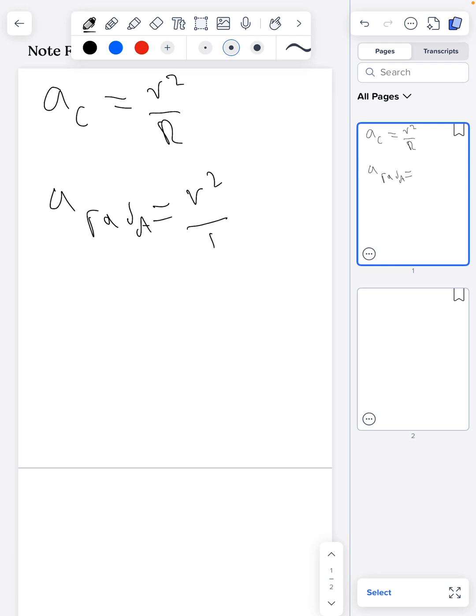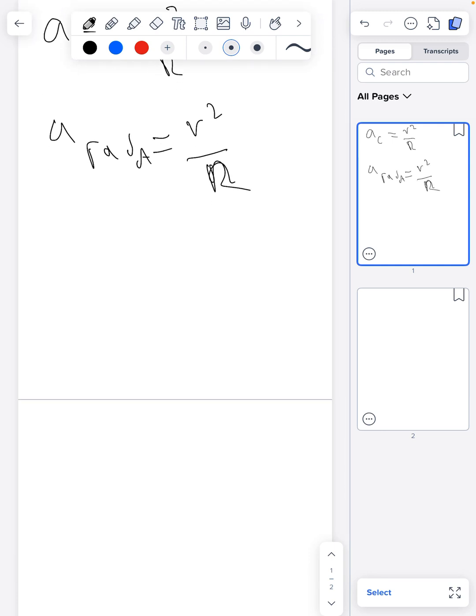So that's for object A. And then this one will be for object B. So again, you're just going to do what you did earlier.